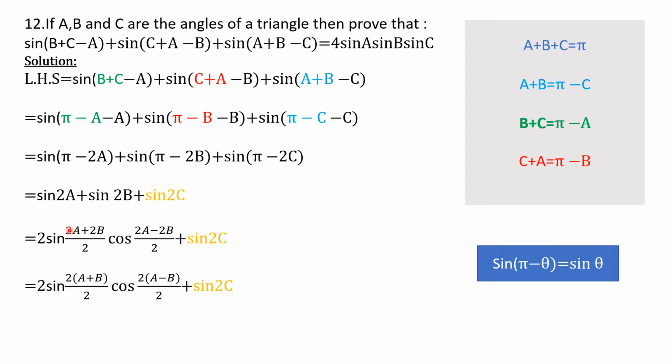Then here is 2 that is taken common over here. Here also 2 is common. This 2 and this 2 can be cancelled to get 2 sin(A plus B) into cos(A minus B) plus sin 2C. I hope till here it is clear.